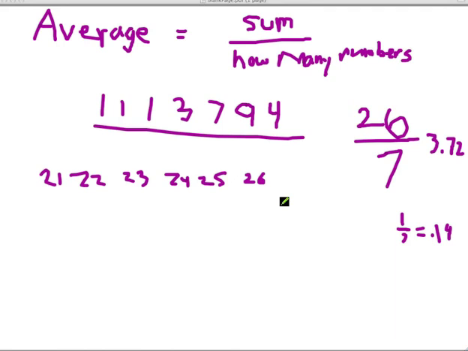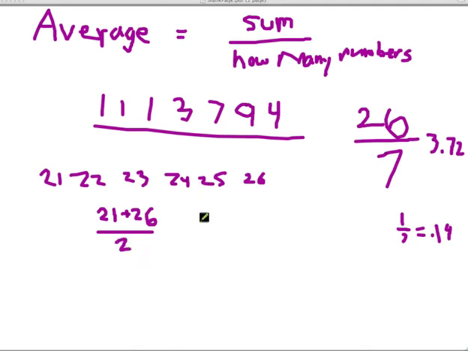Or you can use kind of the simple way of doing it. And you can realize that they all have a relationship. They're all one more than the next number. So there's an easier way to do this. You can add the first one, 21, to the last one, 26, and then divide by 2.